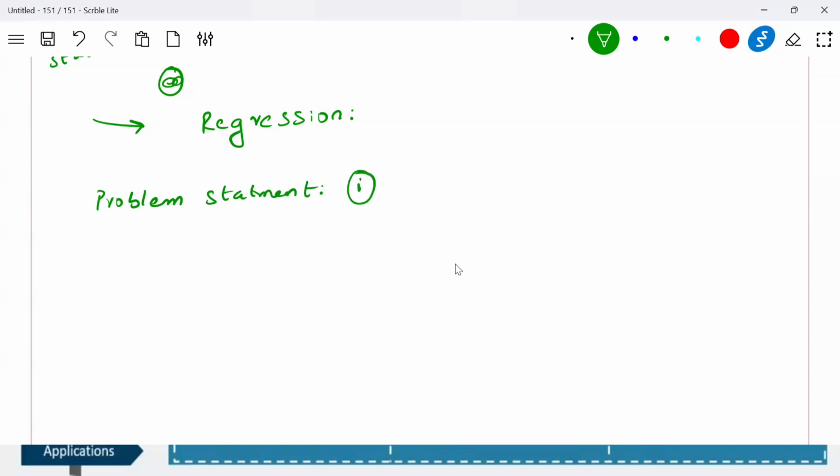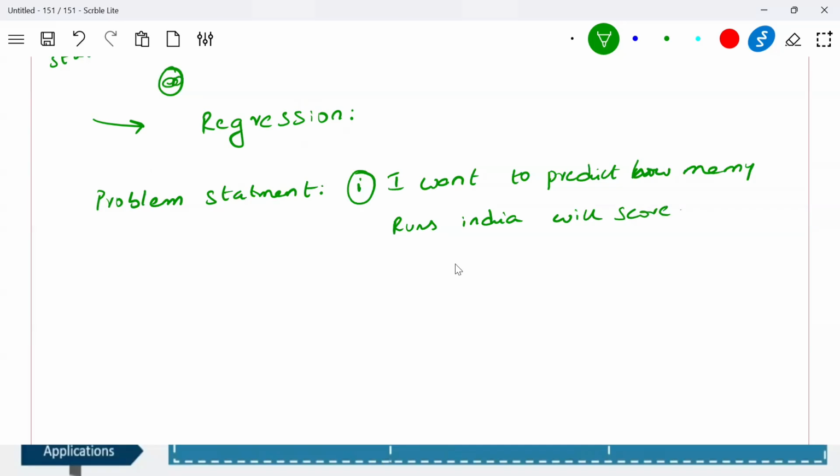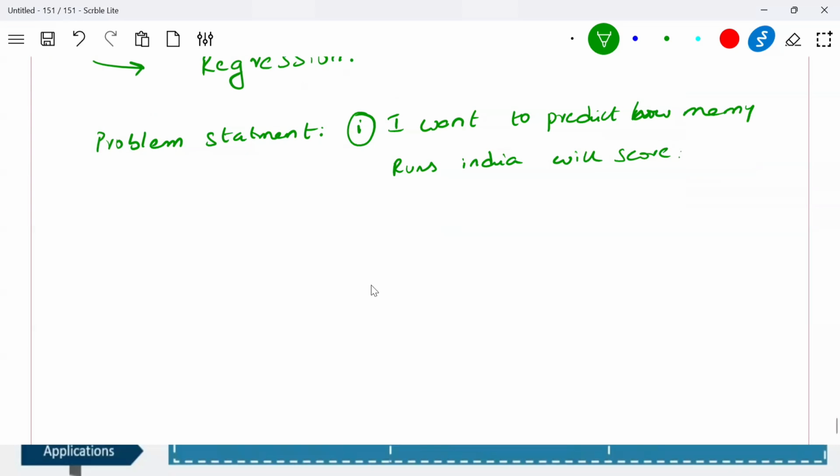What is problem statement one? I want to predict how many runs India will score. This is my first problem. So what I will do is take the past 10 matches' data.